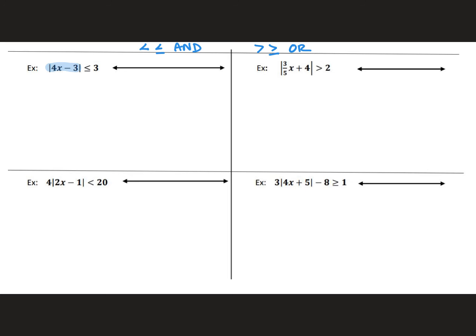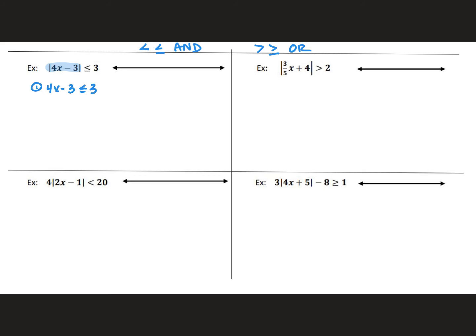I want the absolute value bars to be the only thing on the left-hand side. Once they are, I can break them up into those two ways. Just refer back to the section of your notes right above this. The first one you write, you keep everything the same, but you just don't write the bars.